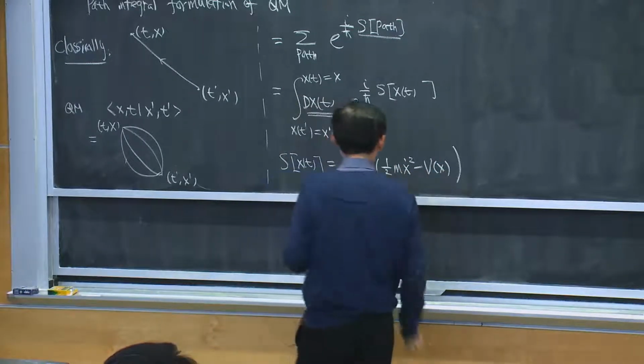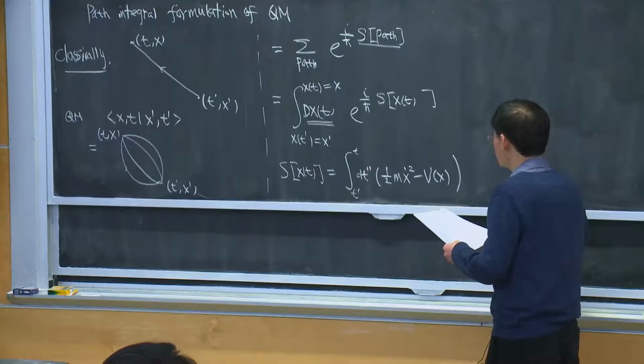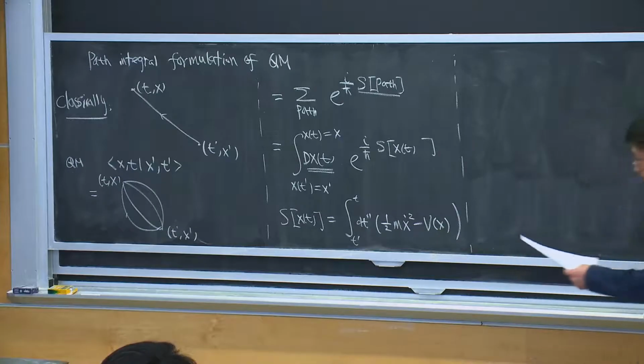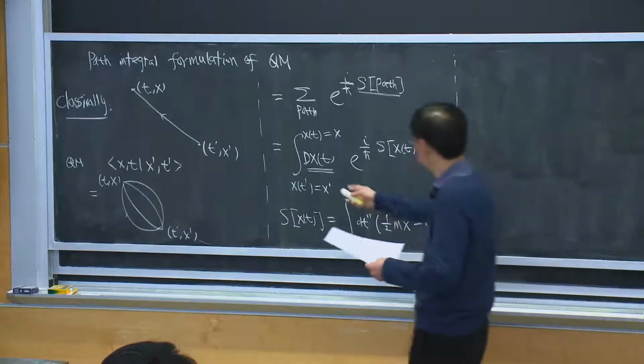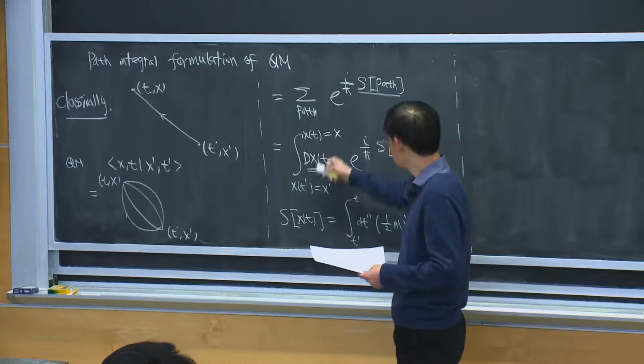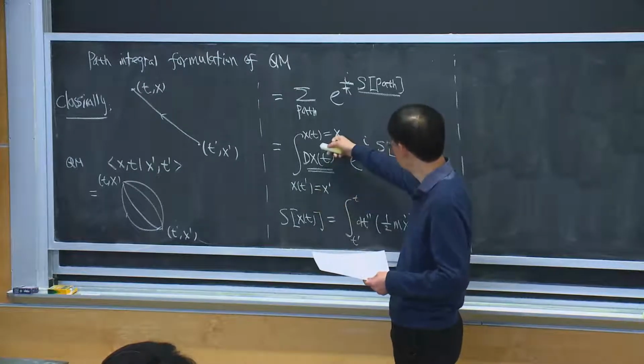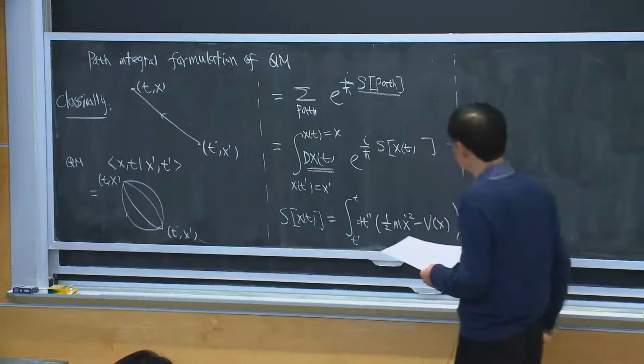This is for a one-dimensional particle. And all the trajectories have fixed endpoints: at time t prime the position should be equal to x prime, and at time t it should be equal to x.